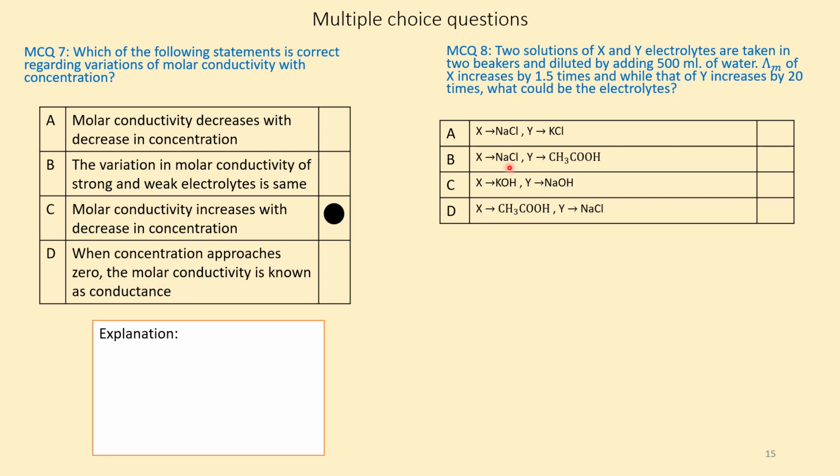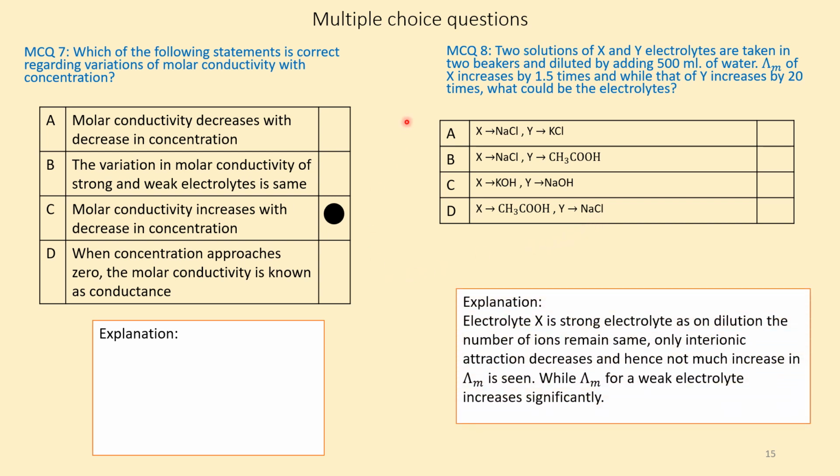Option B is X is NaCl and Y is CH3COOH. Option C is X is KOH and Y is NaOH. And option D is X is CH3COOH and Y is NaCl. Please read the question again and mark your answer. Meantime, I will give the explanation.